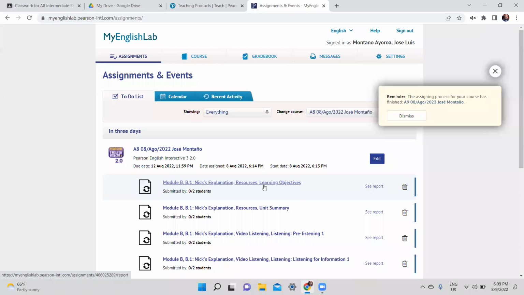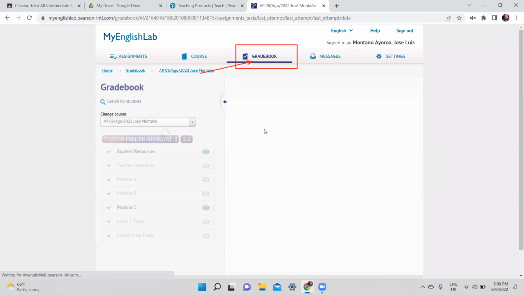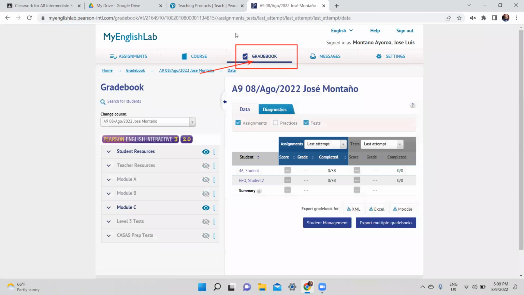And when you finish completing that, all right, when you finish your assignments, cuando termines, everything is graded automatically. Todo se gradúa automáticamente. So you have to go here, vas acá, gradebook or libro de calificaciones, all right, and there, y ahí tú ya puedes ver tus notas. Okay, you click there, haces un clic ahí, and over here, all right, and here, y ahí vas a ver tus notas.